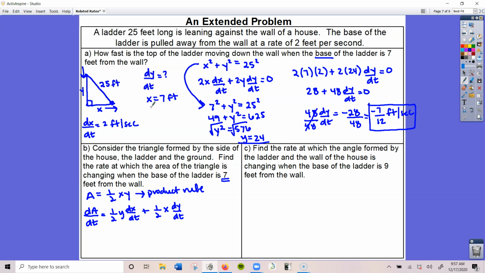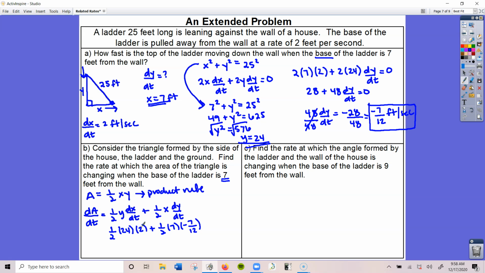And when it was 7 feet, which was the same as in part A, we already solved for y, which was 24. And we have the dy/dt. So we just plug everything in. So 1/2 times y, which is 24, times dx/dt, which is 2, plus 1/2 x, which is 7, times negative 7 over 12.